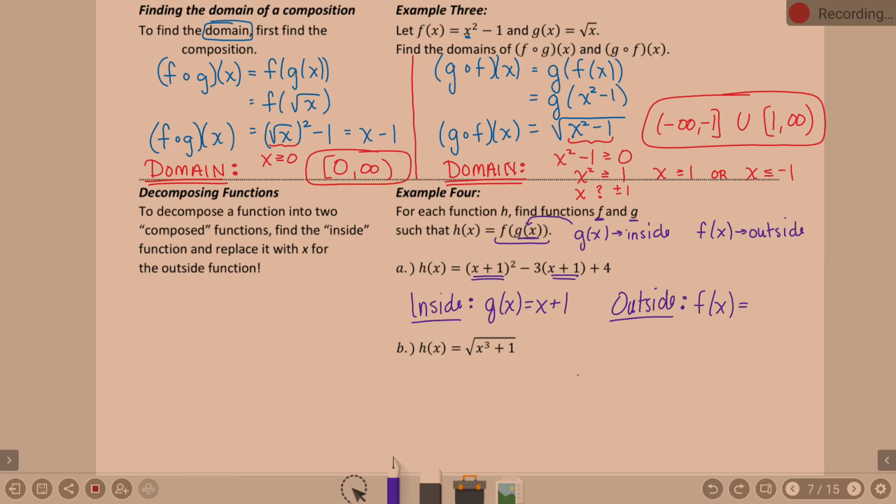If you take the x plus 1 out, because keep in mind, what would x plus 1 have been put in place of? X. It would have been put in place of an x. So if you take those x plus 1s out, and now what's going to go in their place is an x, what do we think our f of x, our outside function, is?